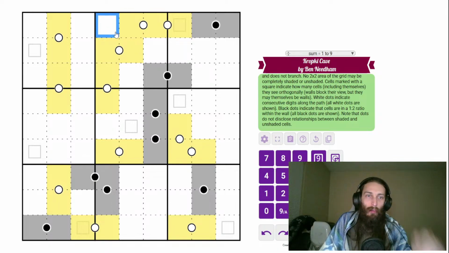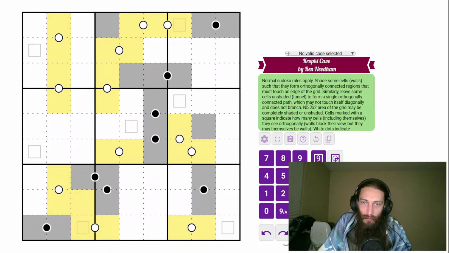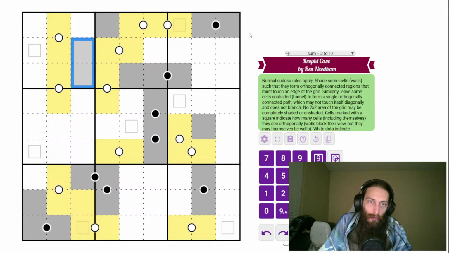Okay. And then no 2x2s. Doesn't branch, then this has to be a wall. Doesn't branch, so these have to be walls.